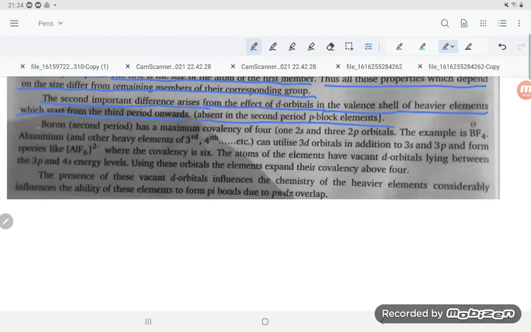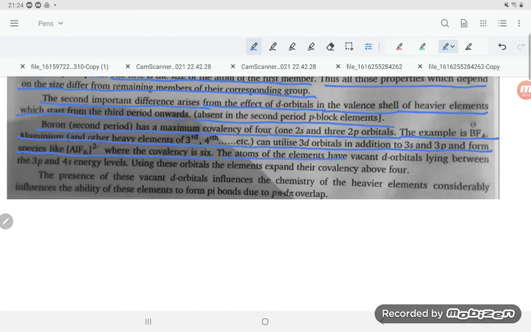Boron, in the second period, has a maximum valency of 4, using one 2s and three 2p orbitals. The example is BF4 minus. Aluminium and other heavy elements of the third, fourth periods etc. can utilize 3d orbitals in addition to 3s and 3p and form species like AlF6 3-, where the covalency is 6.